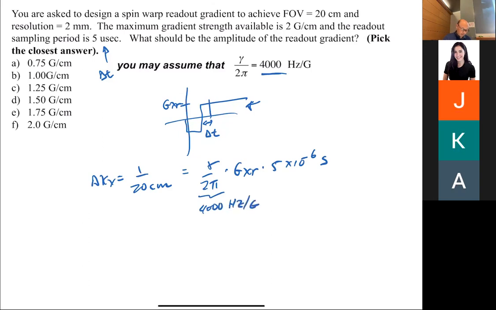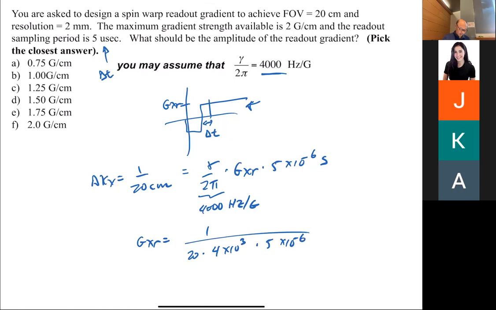So GXR is going to be equal to 1/20 times 4 times 10 to the 3, divided by 5 times 10 to the minus 6. Is that right?